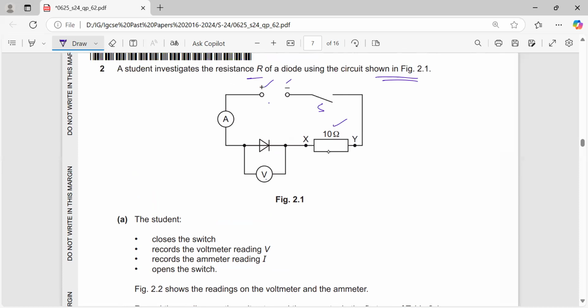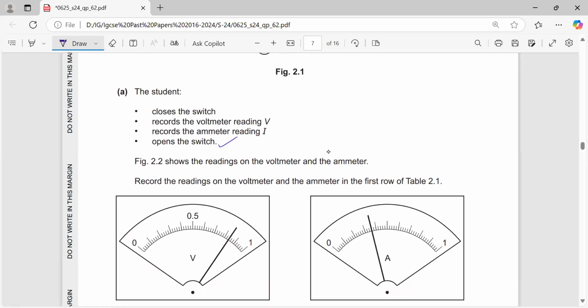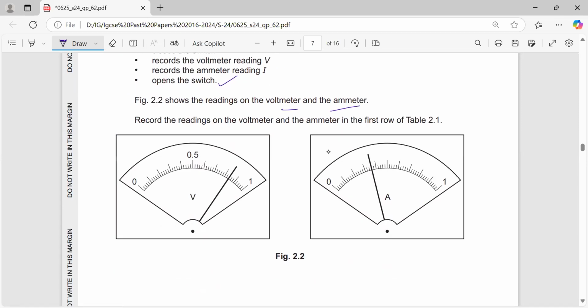The student closes the switch, records the voltmeter reading V, records the ammeter reading I, opens the switch. Figure 2.2 shows the readings on the voltmeter and ammeter. Record the readings in the first row of table 2.1. See 0.5, 0.6, 0.7, 0.8, this is 0.9.